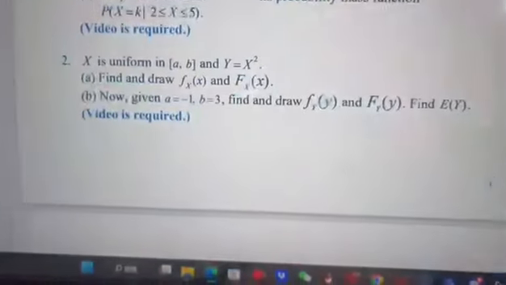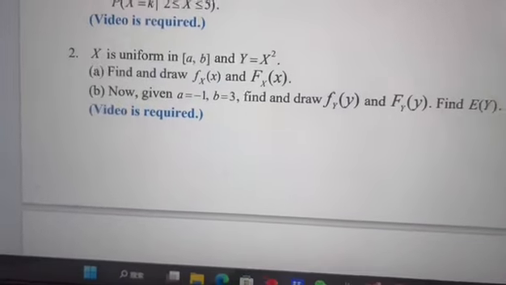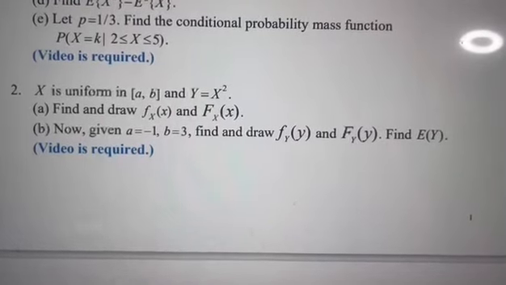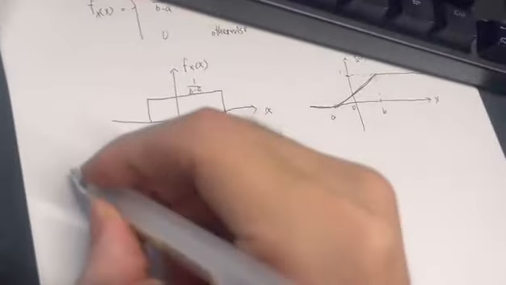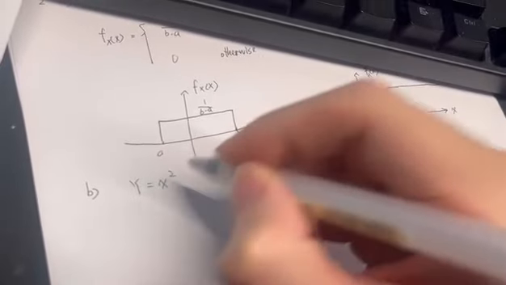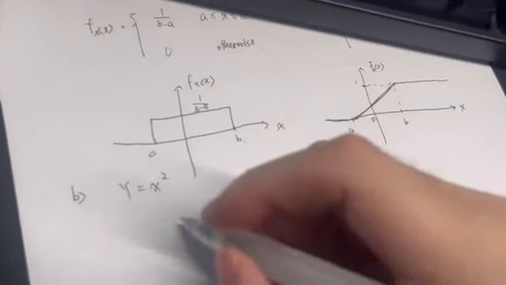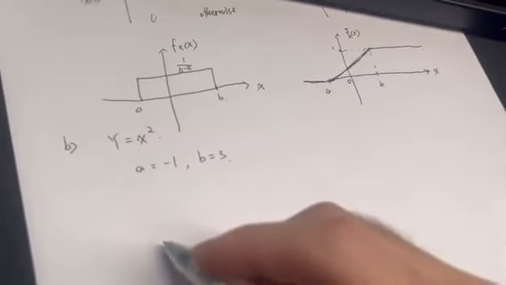So for question B, the question said A is -1 and B is 3, and it requires us to find and draw the density function for Y and the CDF for Y, and find the expected value for Y. To solve this, Y equals X squared is given by the question, and it also defines A equals -1 and B equals 3.